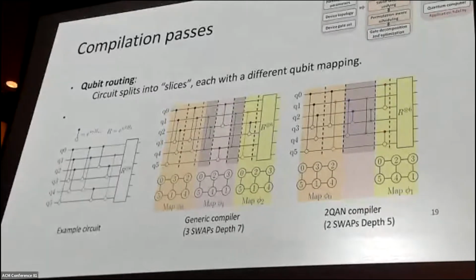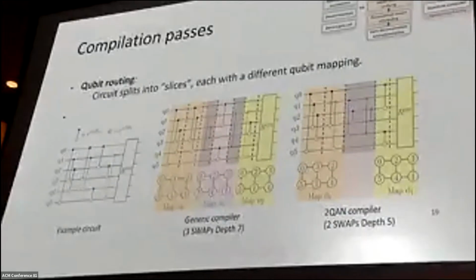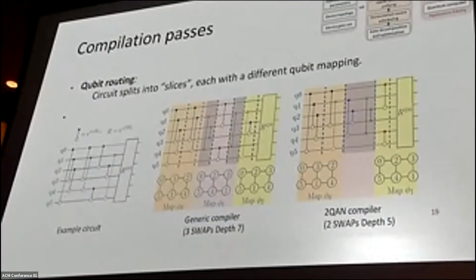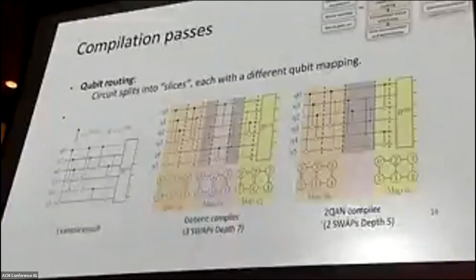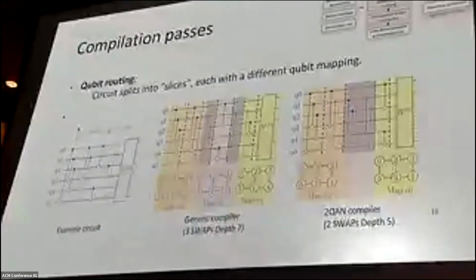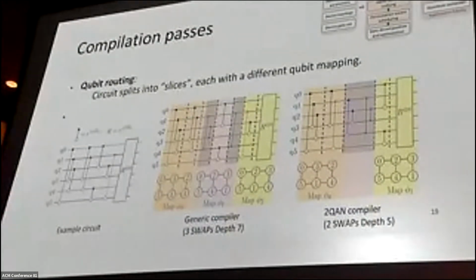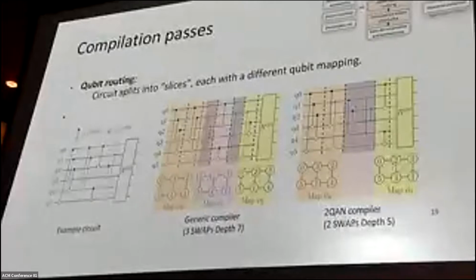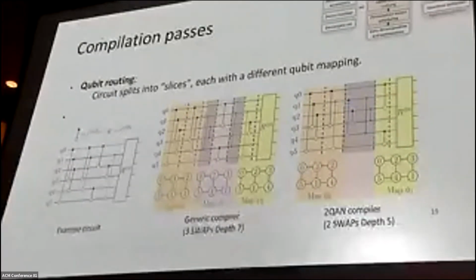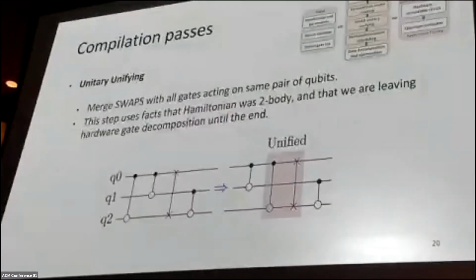What that swap gate does is rearrange your physical qubits. So it rearranges the mapping between your logical and physical qubits. And then once it has done that, it gathers together all of the remaining gates, which have now become neighboring in the new mapping. And so at each stage, it's reordering the gates using the freedom that we have in this Trotter decomposition to have an arbitrary order.